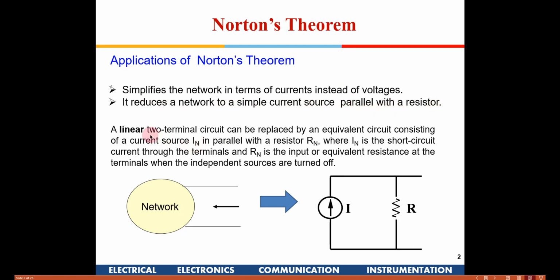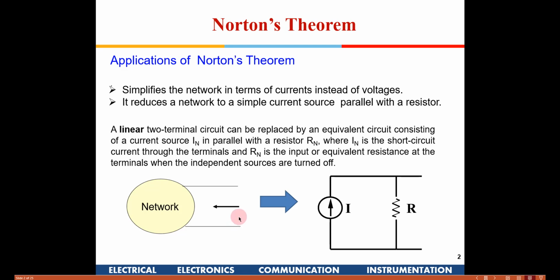That's what it says. Now the definition goes like this: a linear two-terminal circuit can be replaced with an equivalent circuit consisting of a current source IN in parallel with a resistance RN, where IN is the short circuit current through the terminals. So you have an output terminal. For the Thevenin equivalent, we were measuring the open circuit voltage there.